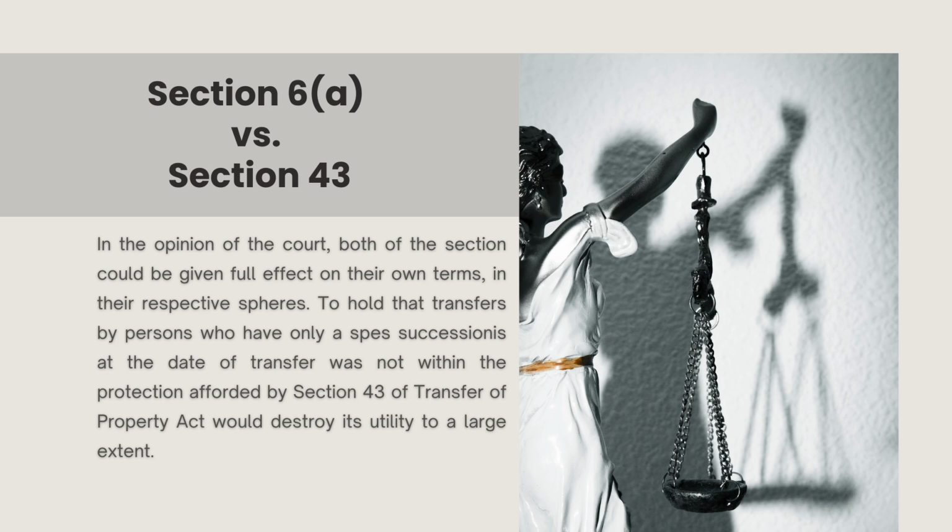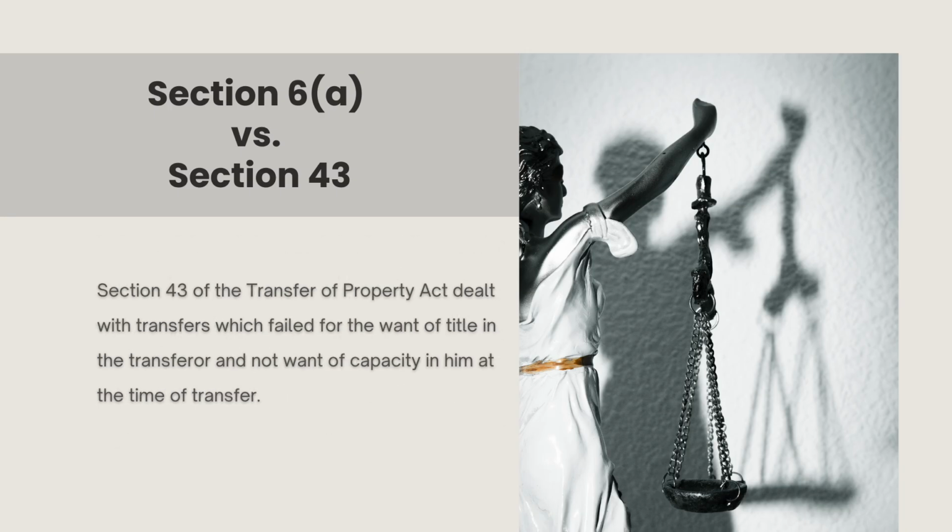To hold that transfers by persons who have only a spes successionis at the date of transfer was not within the protection afforded by Section 43 would destroy its utility to a large extent. Section 43 dealt with transfers which failed for the want of title in the transferor and not for the want of capacity in him at the time of transfer.